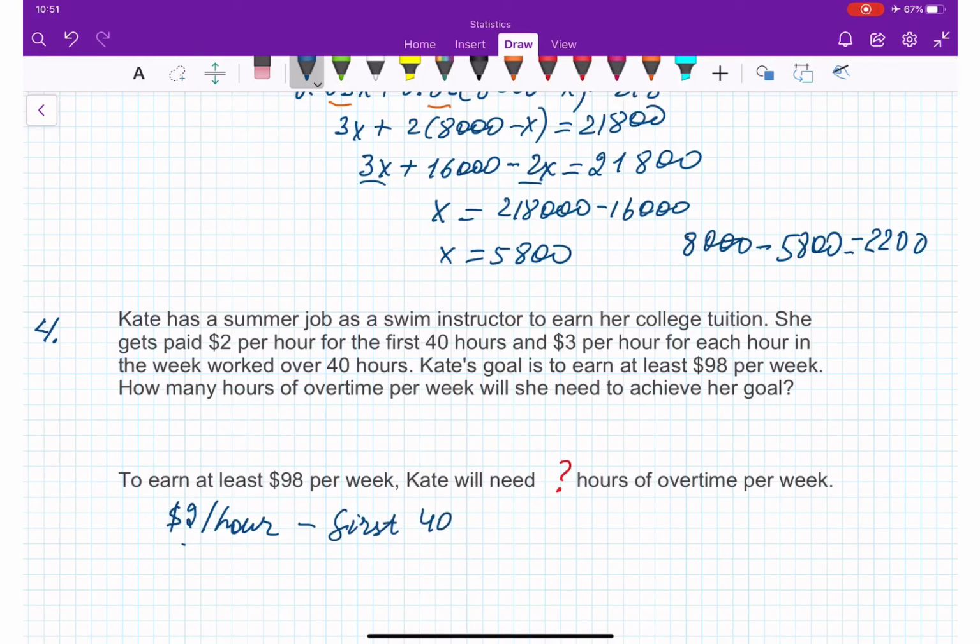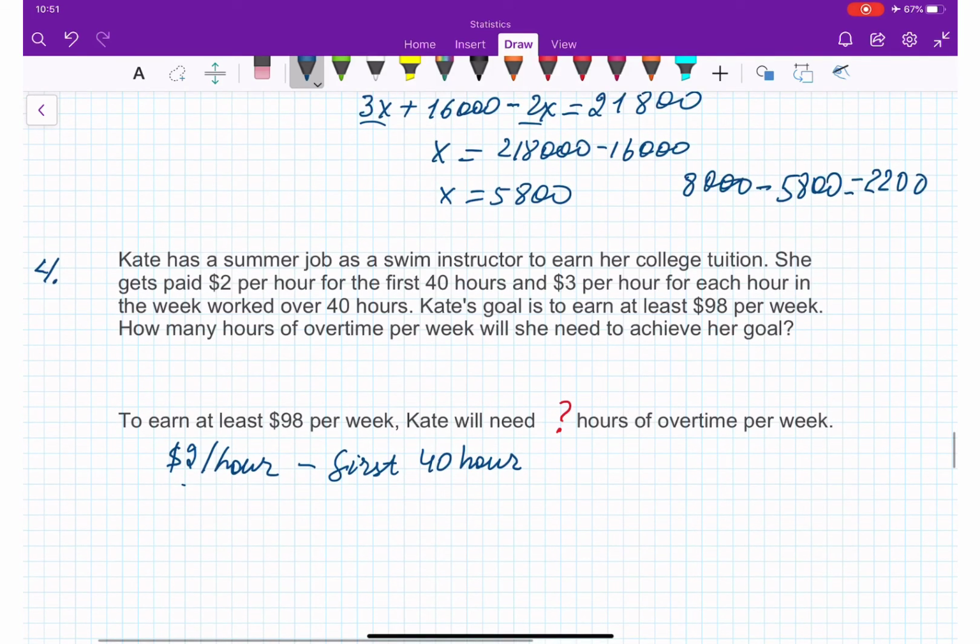First 40 hours. $3 per hour for further hours over 40 hours. For beyond the 40 hours, Kate is paid $3. It's like overpay. Kate's goal is to earn at least $98 per week total.